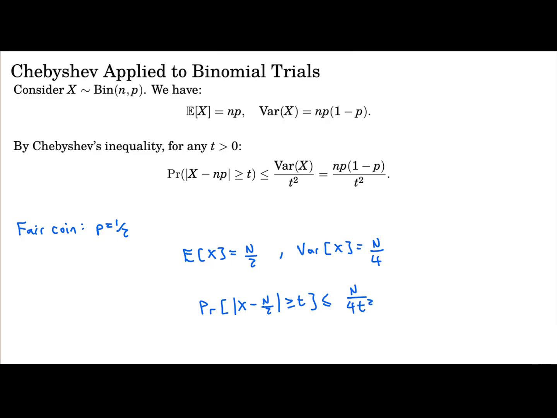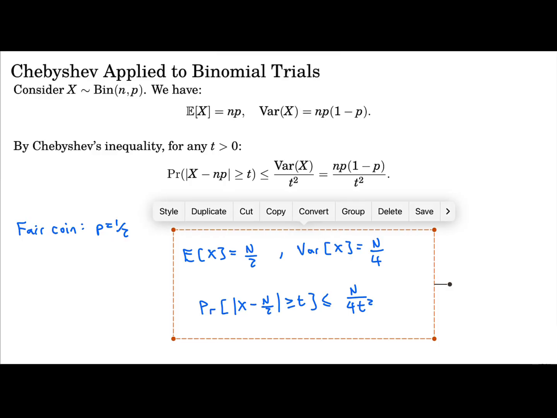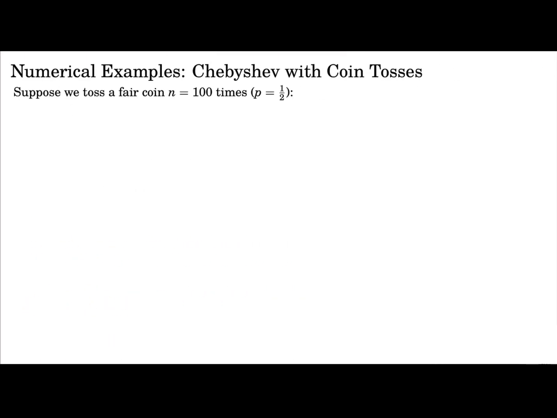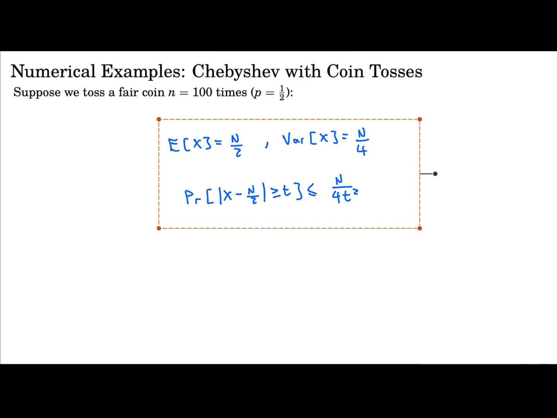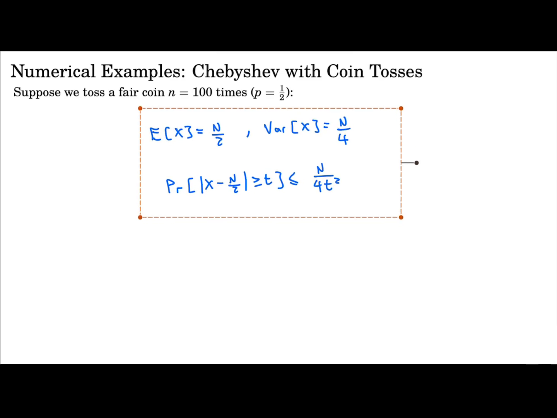And so let's copy this and look at some numerical examples. Let's say that we are going to toss the coin 100 times and that the probability is half. Well, then n is equal to 100.